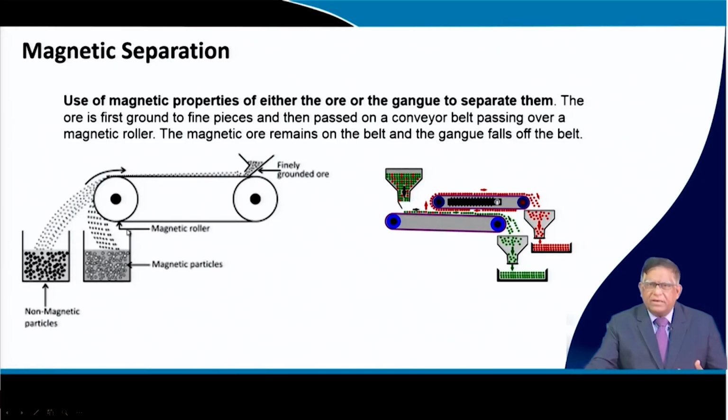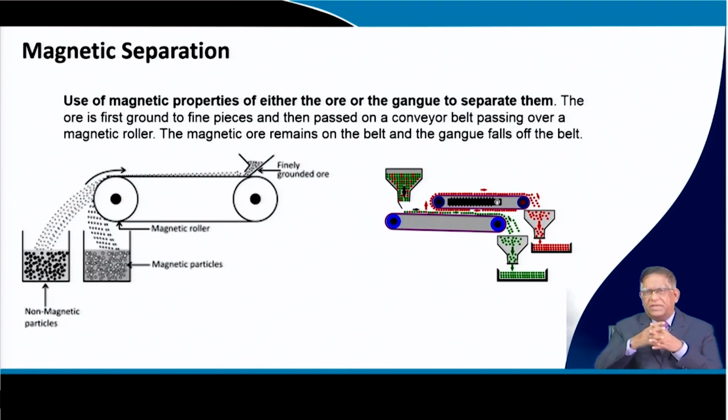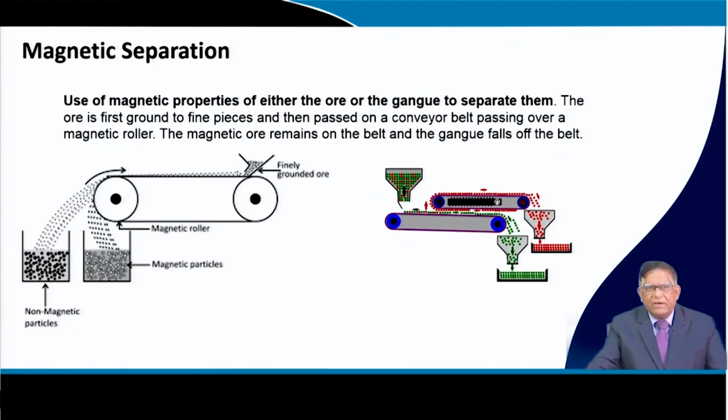In magnetism you have studied permanent magnets and temporary magnets. Nowadays ceramic magnets can be manufactured with a magnetic property. The magnetic particles are attracted over here and follow the pulley, and the non-magnetic particles are thrown as a projectile, and these two get separated.